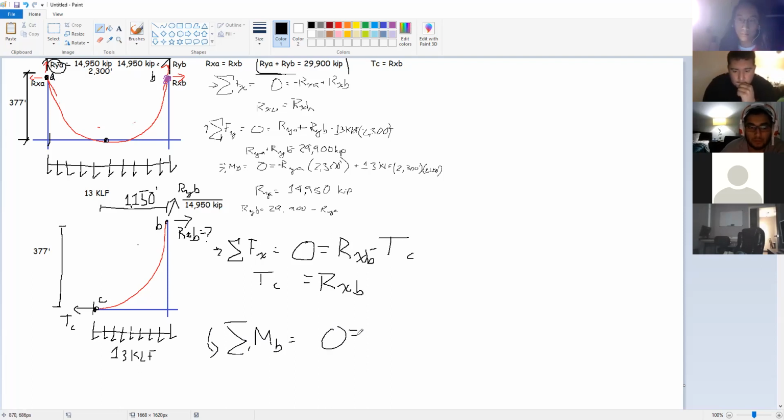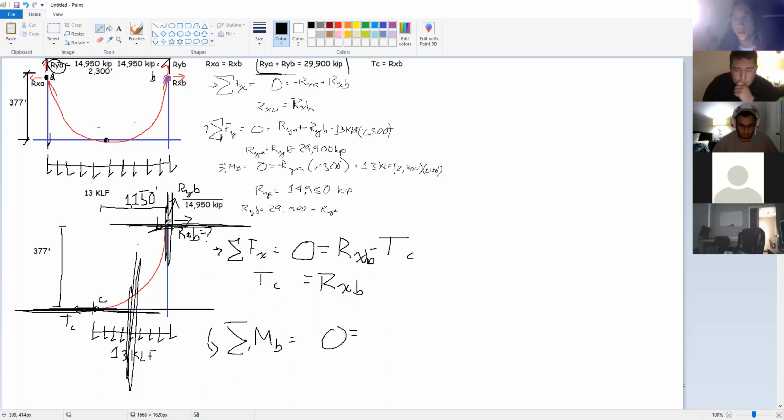Because those forces are 0 distance away. Like RYB, RXB. You see how they intersect right there, so they're going to be a distance of 0. So we took 2 terms out.